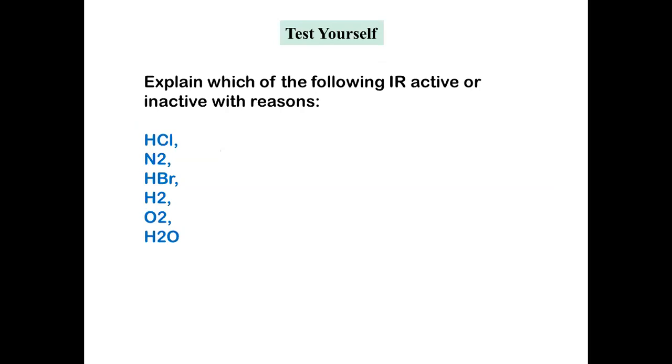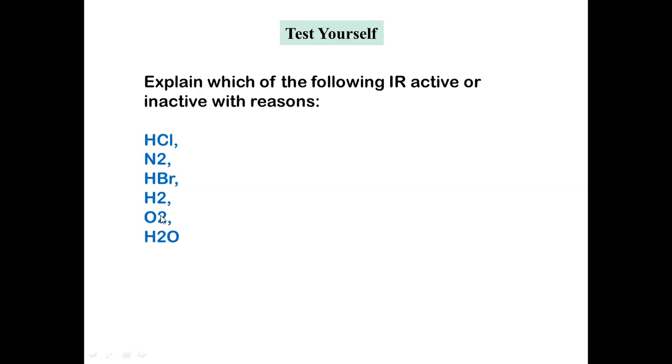Okay, this is a time to test yourself. Look at those molecules and see whether these molecules will be IR active or not. So you have to correlate this along with the concept of change in the dipole moment. You can see here nitrogen, hydrogen and oxygen.